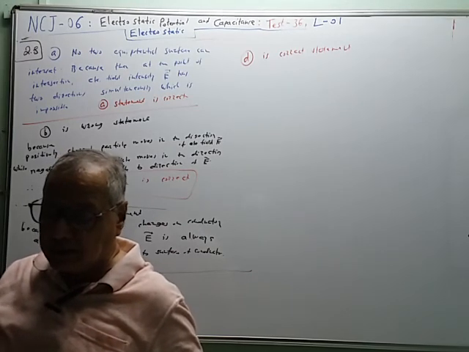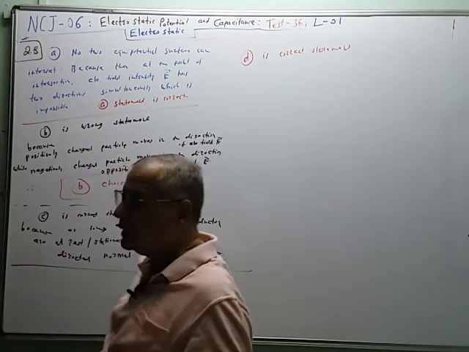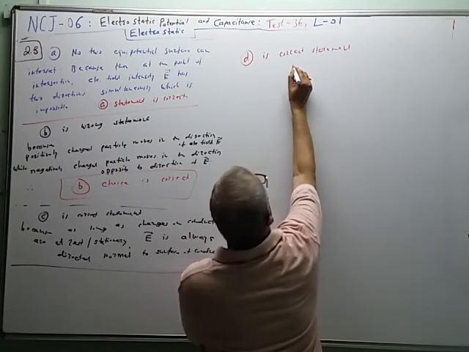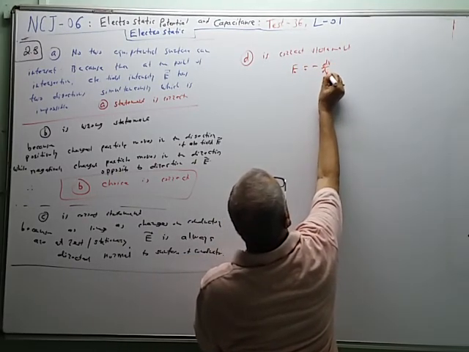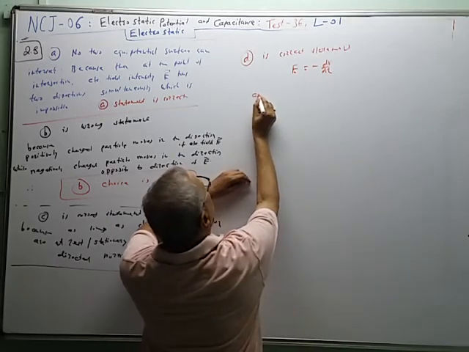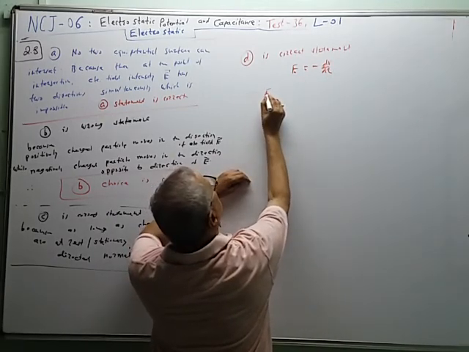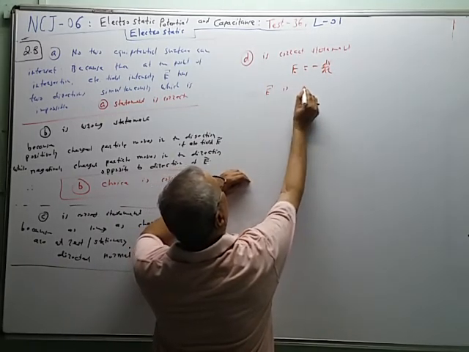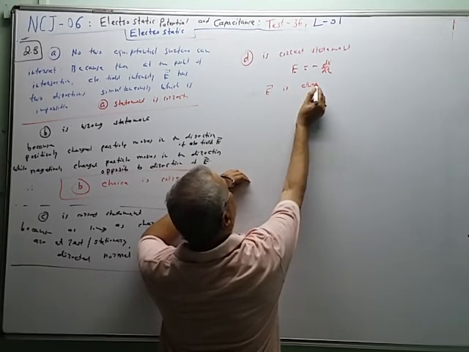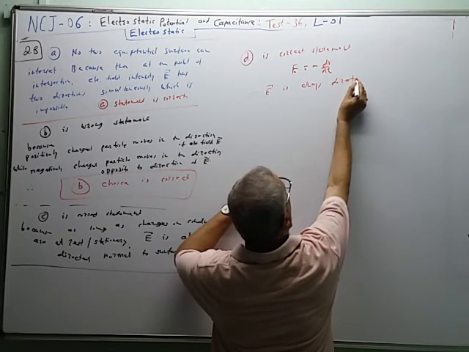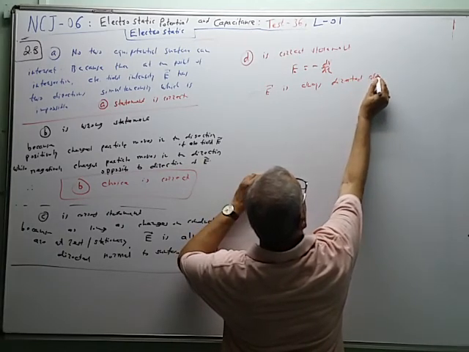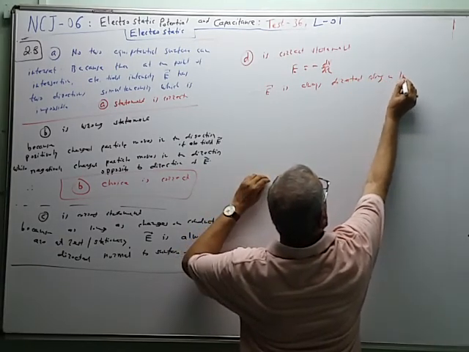The electric potential decreases along a line of force in an electric field. E is equal to minus dV by dr. So E is always directed along a line of force.